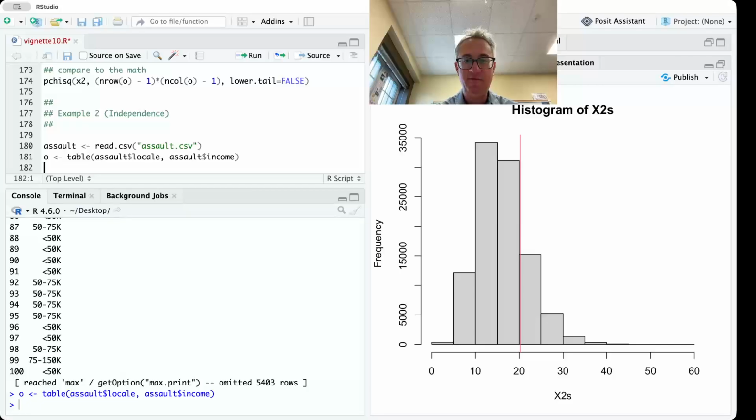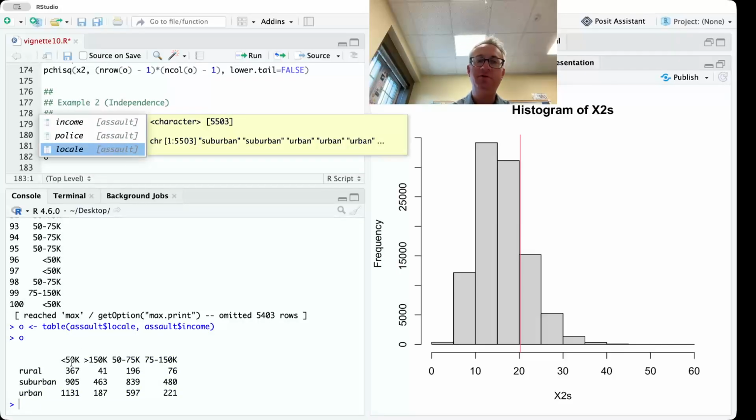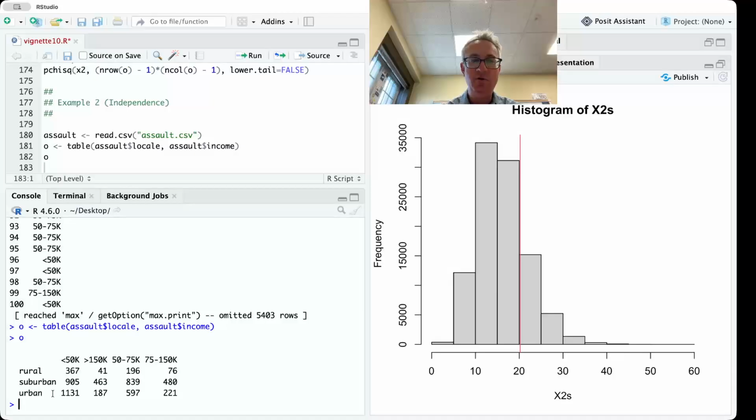Okay, so this is a very simple table. It's a 3x4 table that is telling you that there were 367 victims in a rural location who made less than $50,000 a year. And there were 839 victims of a crime that happened in a suburban area involving a victim that made between $50,000 and $75,000 a year in the late 90s.